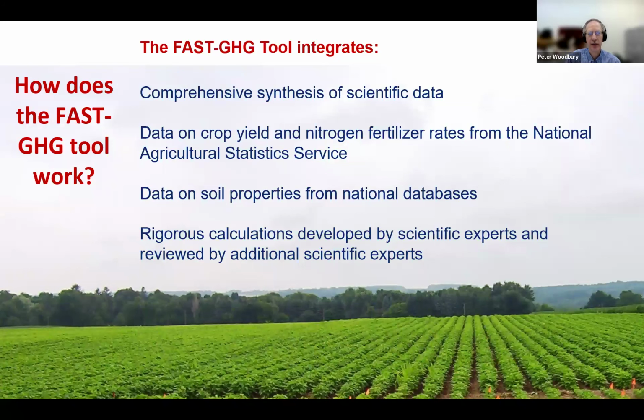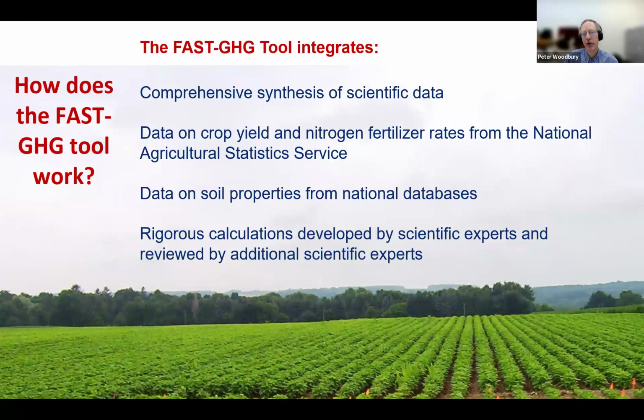So how does the FAST greenhouse gas tool work? Well, we integrate a number of sources of information. The 3 of us who developed this have a lot of expertise in this topic, so we synthesized scientific data to produce this tool. We also provide default data, so it's not required to have farm-specific data.